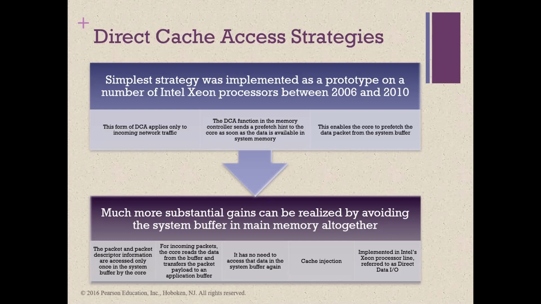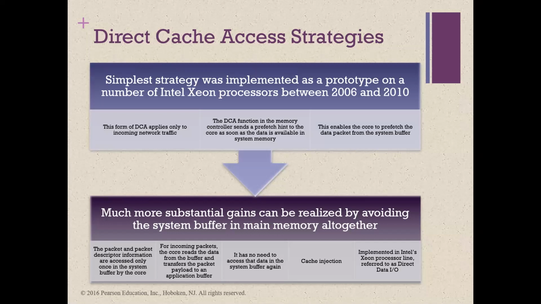The DCA function in the memory controller sends a prefetch hint to the core as soon as the data are available in the system memory.